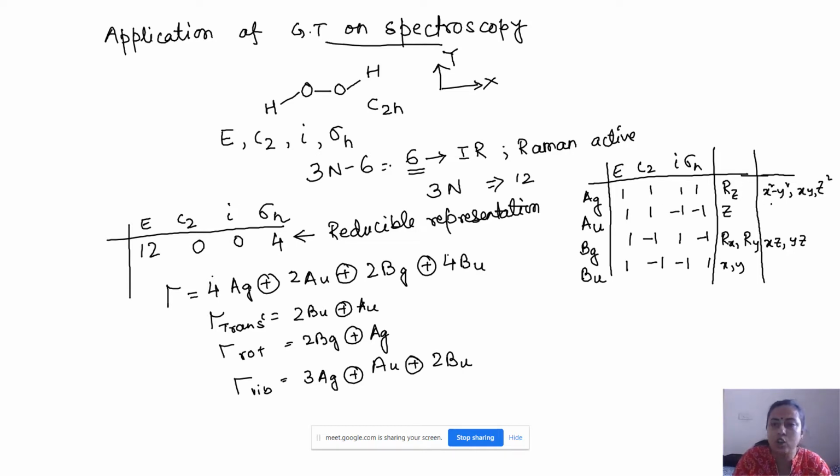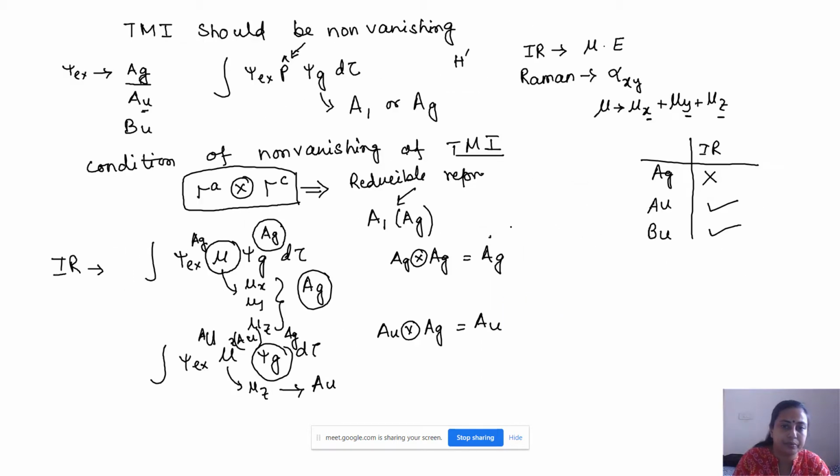Now in the fourth column, you know there is XY, Z square. So these components of the alpha can transform as the AG symmetry. So that means we can find out that these components of alpha will make this particular normal mode of vibration, which is of the AG symmetry, to be Raman active.